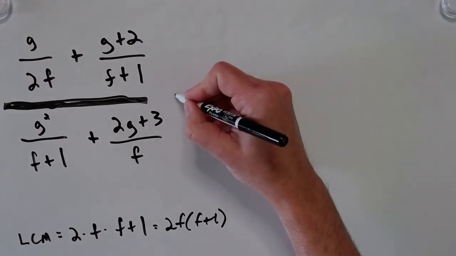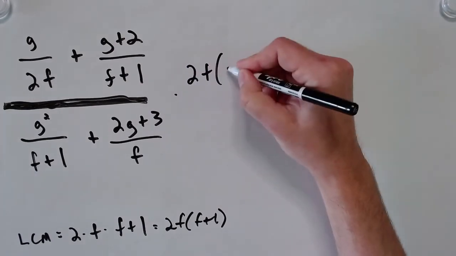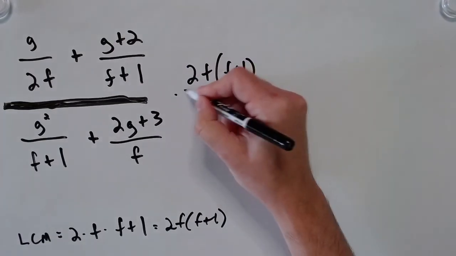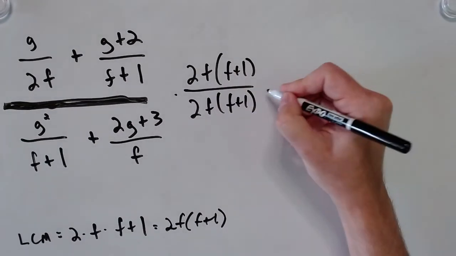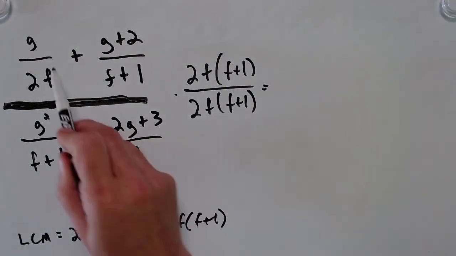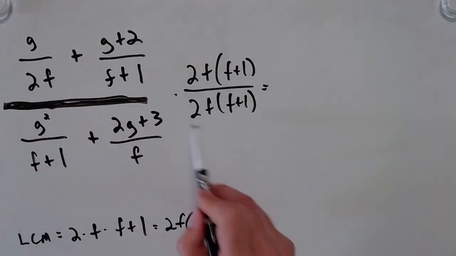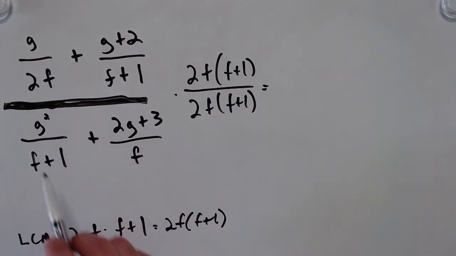So we're going to multiply this gigantic fraction by 2f times f plus 1 over 2f times f plus 1. We're going to distribute this monstrosity to the top and bottom fractions. Let's just look at the top first.